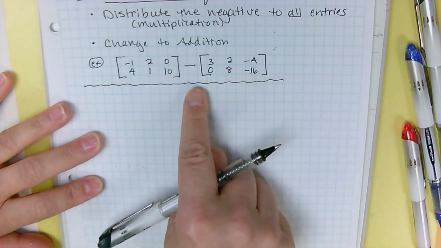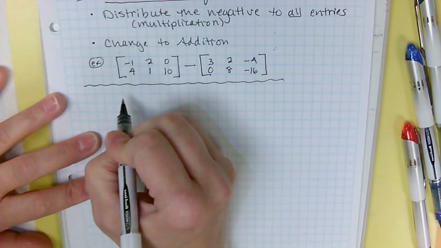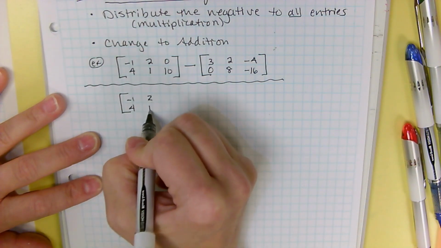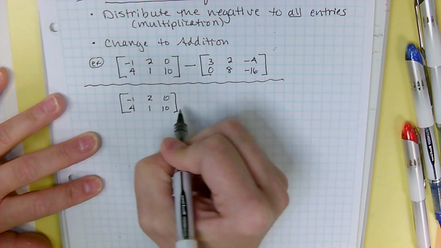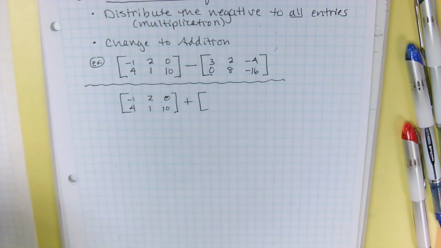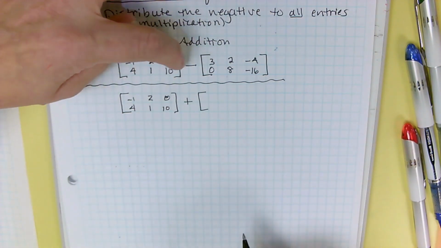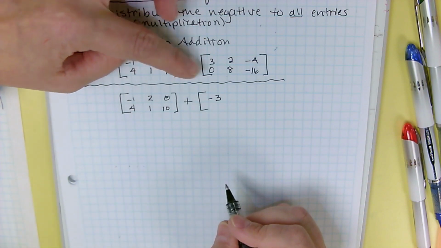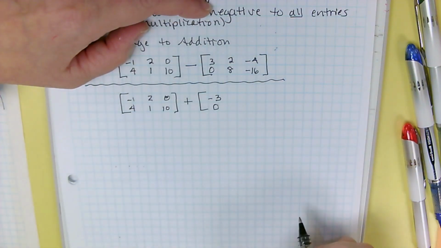So your first step is you're going to multiply everything by the negative. So recopy this first matrix, -1 over 4, 2 over 1, 0 over 10. We're going to change this to addition. And you're going to multiply every number in the second matrix by a negative. So here we go. A negative times a positive is a -3 over negative times 0 is just 0. 0 doesn't have a sign.